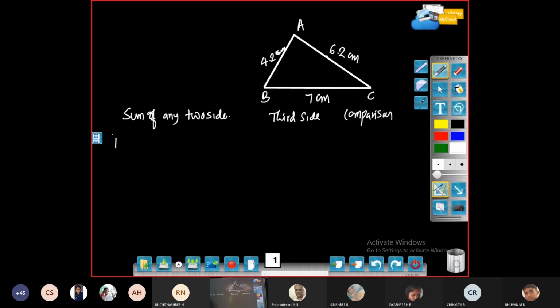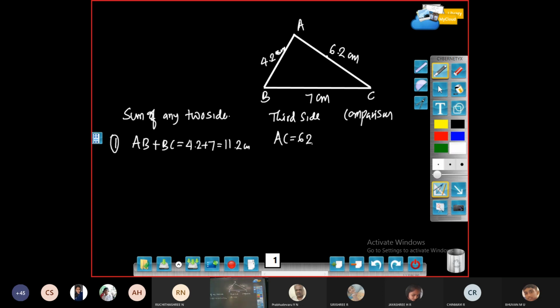So first I will take the sum of any two sides. First I will take AB plus BC. What is the measurement AB plus BC? 4.2 plus 7. So it is 11.2 centimeter. So I have taken AB and BC. What is the third side that is left out now? That is AC. It is 6.2.